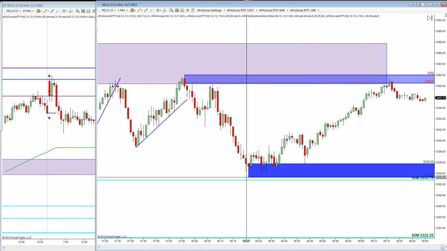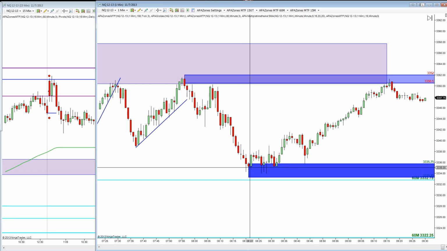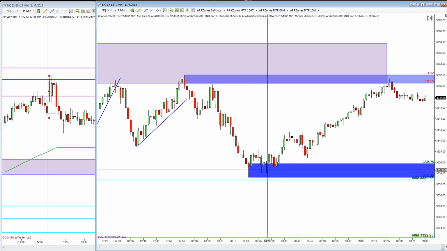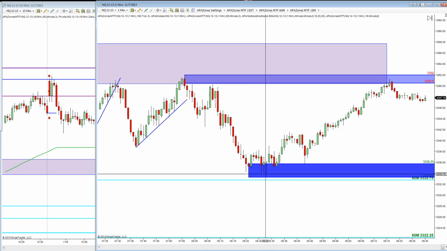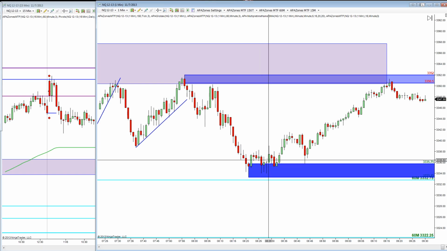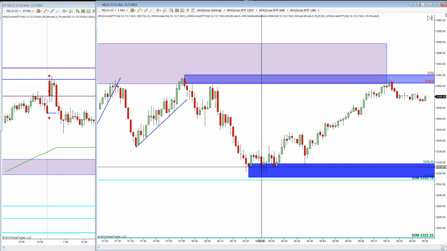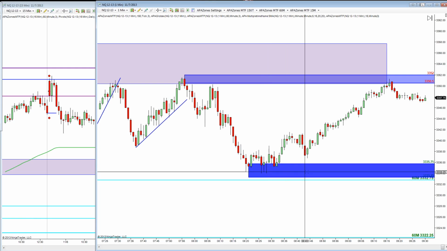So had some wickage going on down here, and then again you can see all the wicks on these candles and kind of how they're all 3 of them together. And the wick again means buying pressure.